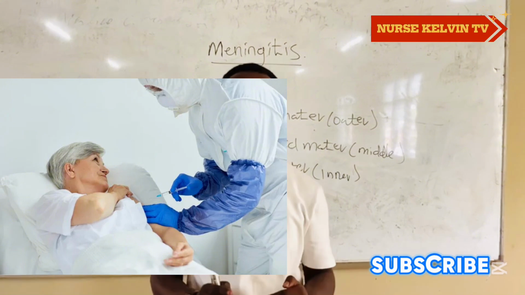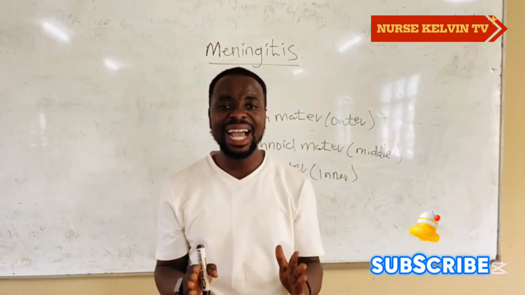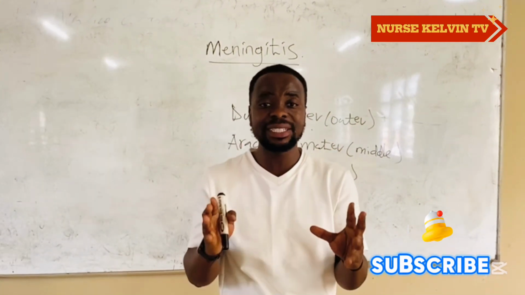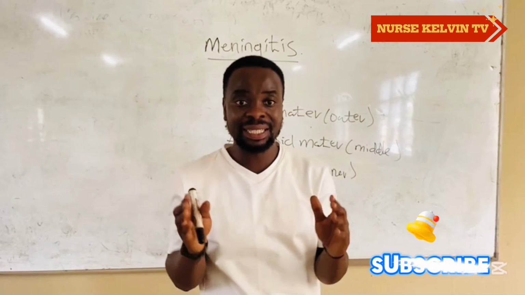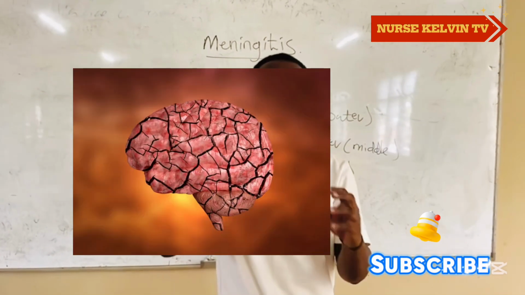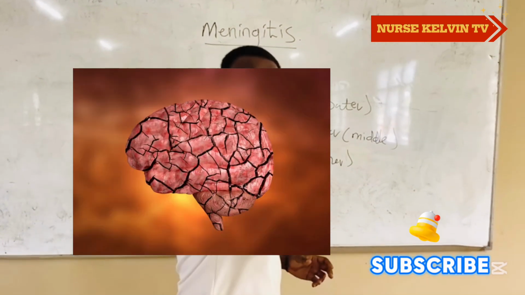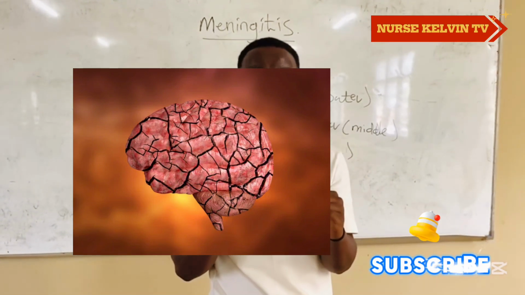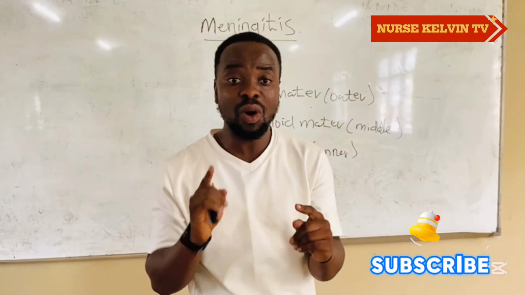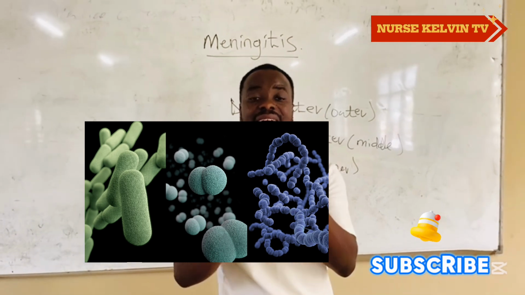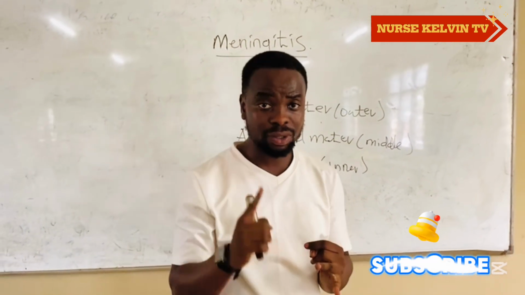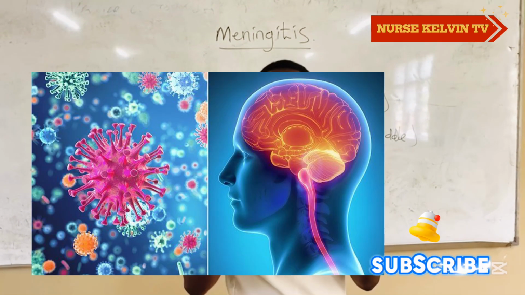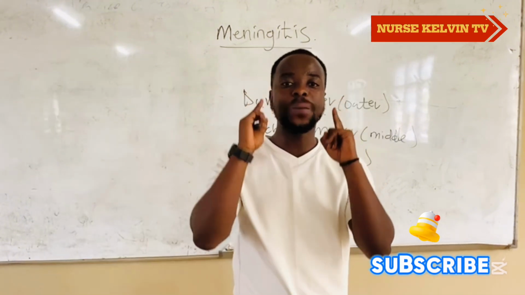Now, what is meningitis? Meningitis is the inflammation of the meninges, that is the protective membrane covering the brain and then the spinal cord. The causes of meningitis are bacteria, viruses, fungi, and parasites.